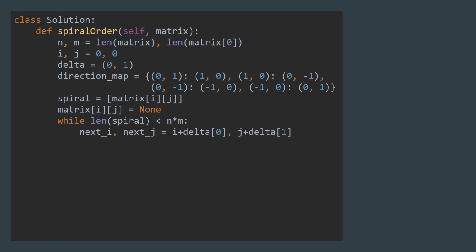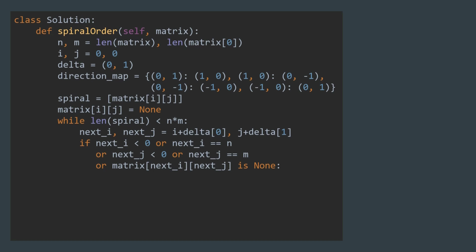Let's handle both cases. The cell next i, next j is out of borders if next i is below 0 or over n-1, or next j is below 0 or over m-1. And it's already visited if matrix of next i, next j is null, because we're setting every visited cell to null.